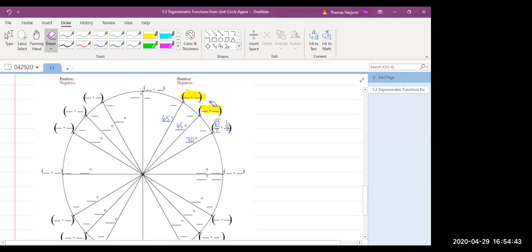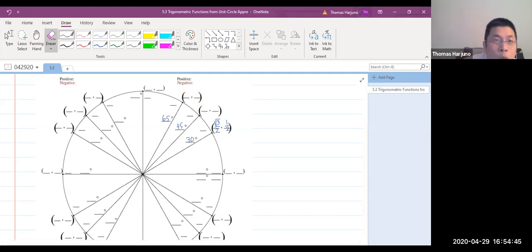Yes. Now, we go on with 45 degrees. We know that it is square root of 2 over 2 for both sine and cosine. Oh, sorry, it's not 65 degrees, it's 60 degrees here. I wrote it wrong.